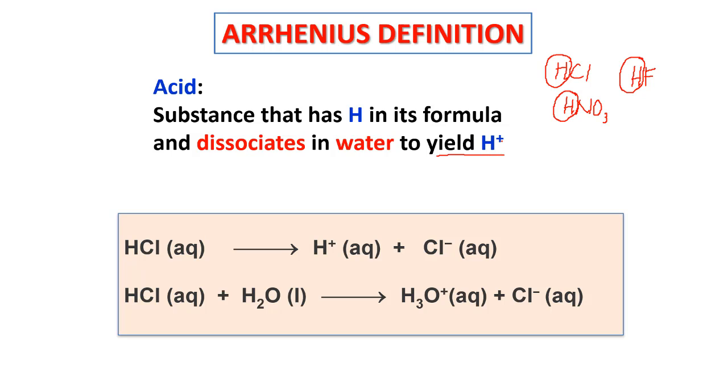So look at the following equation. Okay, ini adalah satu cara yang menunjukkan bahawa apabila asid tercerai di dalam air, dia akan menghasilkan hydrogen ion. Dan ada dua cara untuk kita tunjukkan dissociation of acid in water. Okay, equation yang pertama, untuk tajuk ini phases are very important.